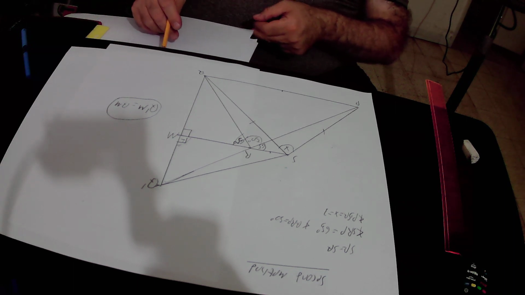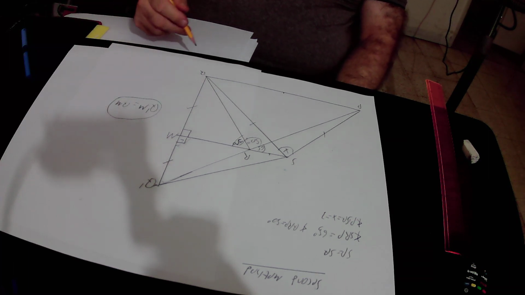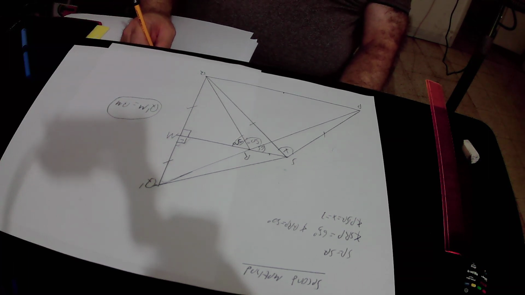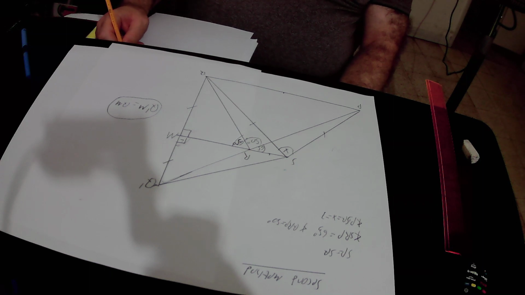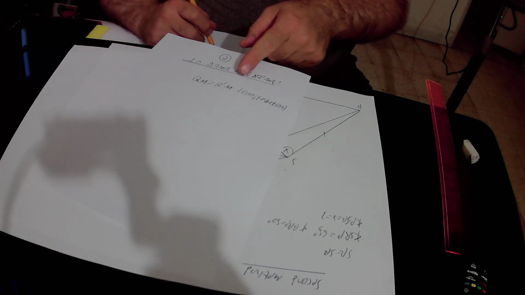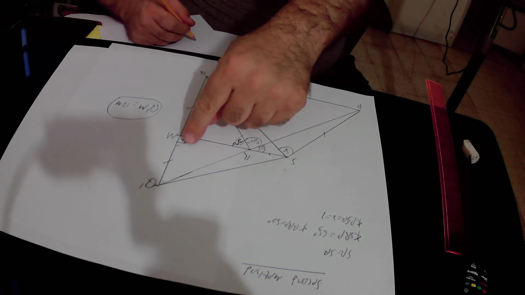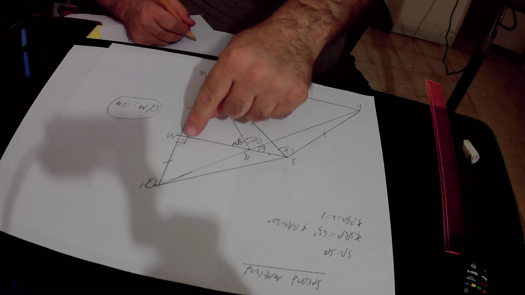First of all, we know that QM equals Q dash M according to our construction. We also know that those two angles are equal to each other and they are both right angles.